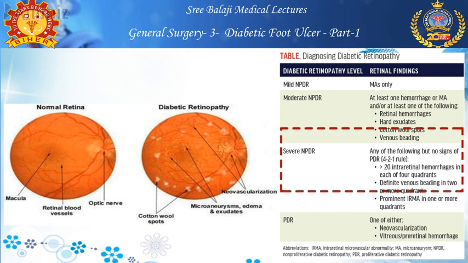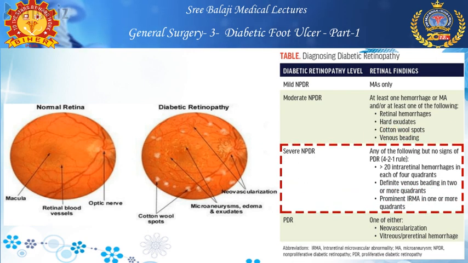Severe non-proliferative diabetic retinopathy can have any of the following signs, following the 4:2:1 rule. That 4:2:1 rule signifies more than 20 intraretinal hemorrhages in each of the 4 quadrants, definite venous beading in 2 or more quadrants, and prominent intraretinal microvascular abnormality in 1 or more quadrants.